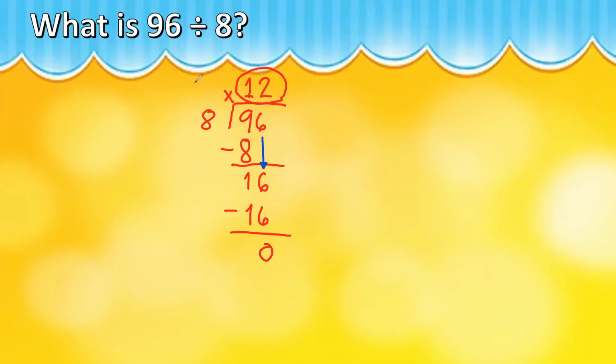Based on how we answered this division problem, what are the steps that we follow in order to answer the division problem? So first, we divide, and then we multiply. Then we subtract.